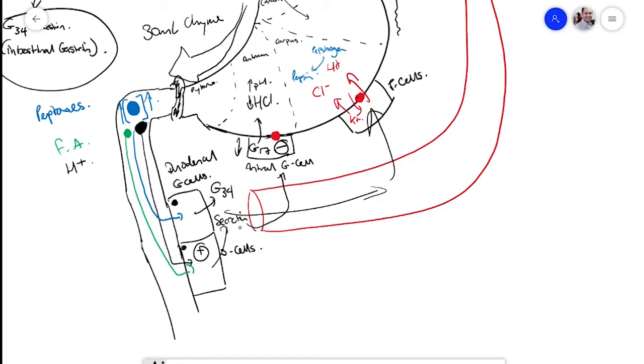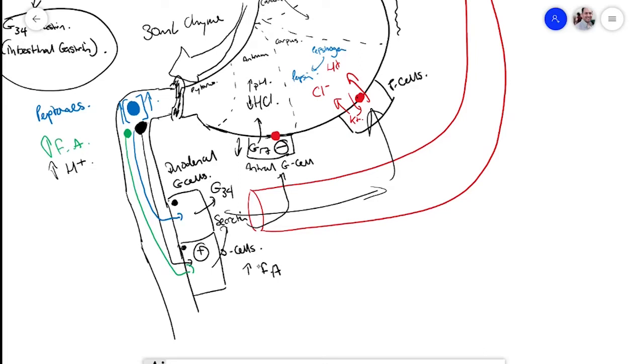So secretin, in response to fatty acid increase and proton increase in the duodenum, causes a feedback mechanism that is an inhibitory mechanism.